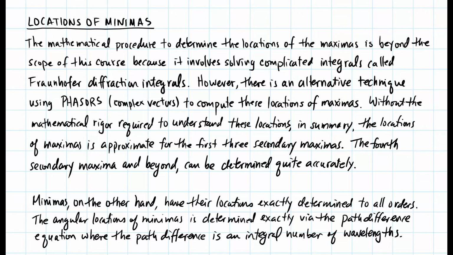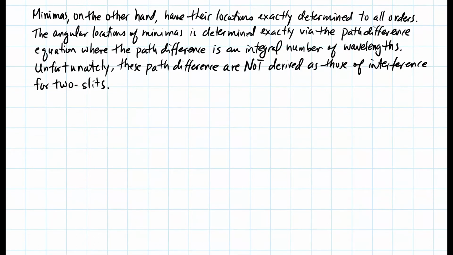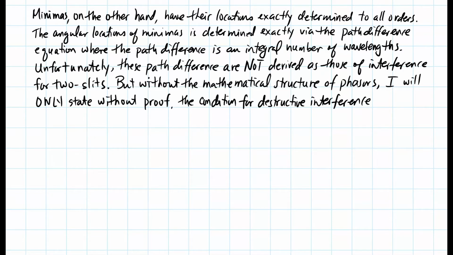The angular locations of minimas is determined exactly via the path difference equation, where the path difference is an integral number of wavelengths. Unfortunately, these path differences are not derived as those of interference for two slits. But without the mathematical structure of phasors, I will only state without proof the condition for destructive interference.